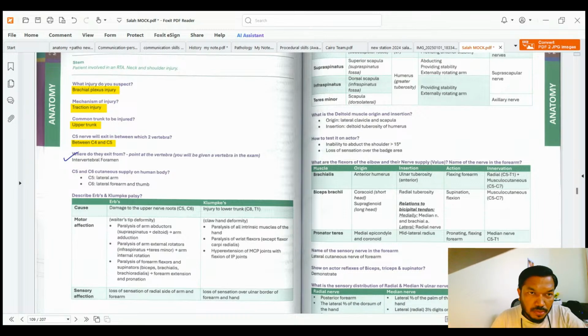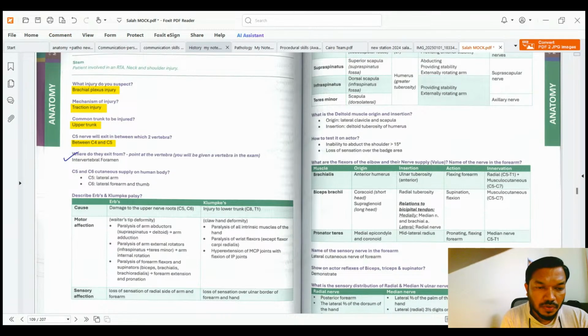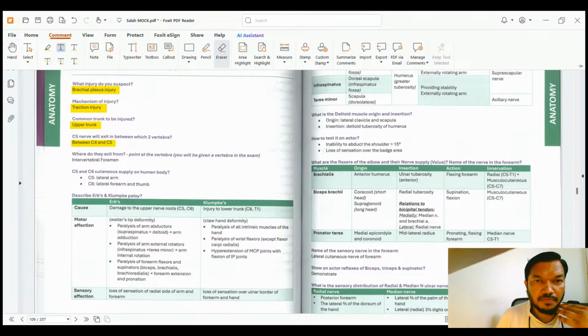Sensory affection will be loss of sensation of the radial side of the arm and forearm.